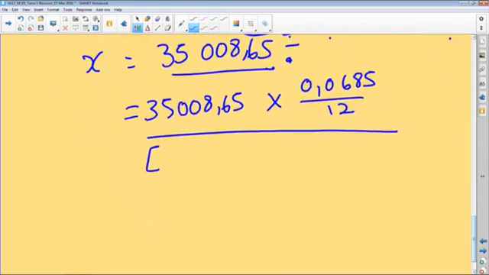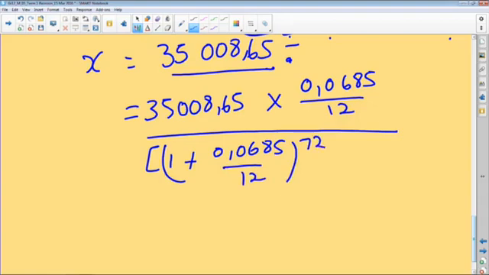So you're going to have that, and it's 1 plus 0.0685 over 12 to the power 72 minus 1. So this is what you're going to put into your calculator, all right?